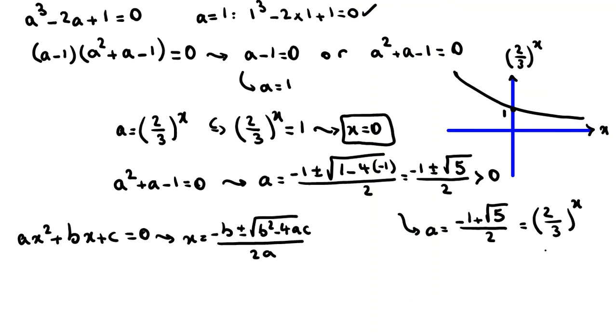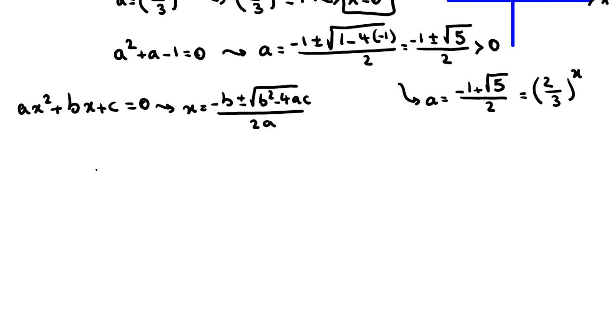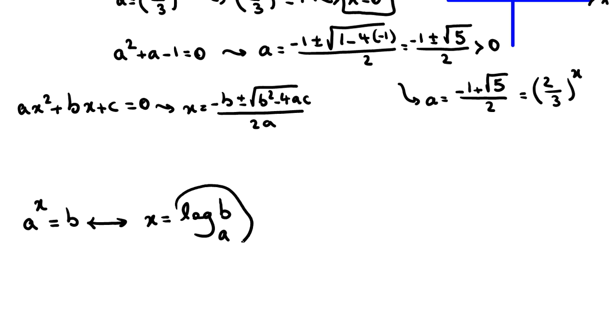So when you have something like this, for example, when you have a to the power of x equals b, it is equivalent, if you take a log from both sides, to this. And the definition of log b in base a is a number that if you raise a to the power of it, you will reach b. So this number x is a number that if you raise a to the power of x, it will be b.